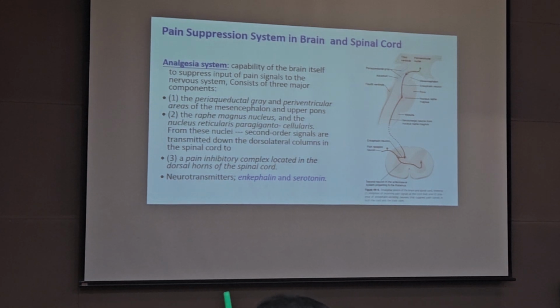Other than that, the body has its own pain suppression system. We have hormones from the nervous system. Our neurons release endorphin and enkephalin, which have morphine-like action, and we have morphine-like receptors on the neurons.